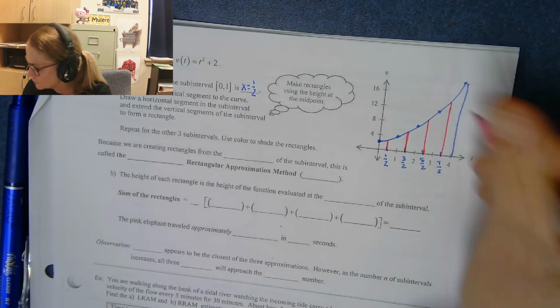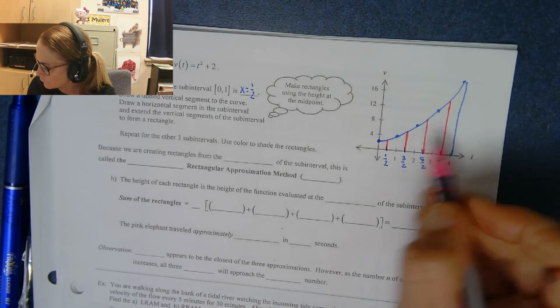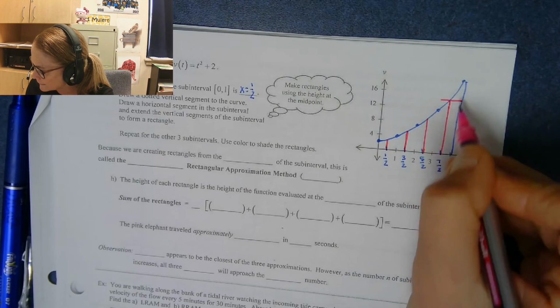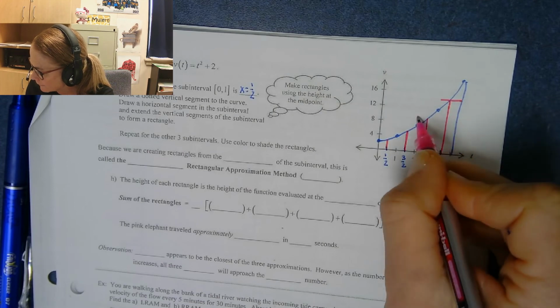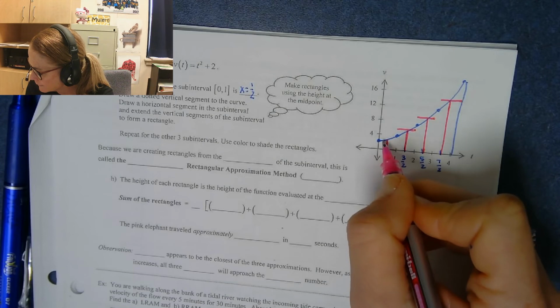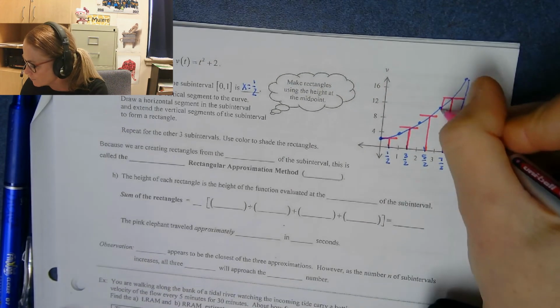Okay, and so what you do is just create a T over the width of the subinterval. So like that, and like that, and like that, and like that. Okay, so make those T's and then just bring down your verticals.